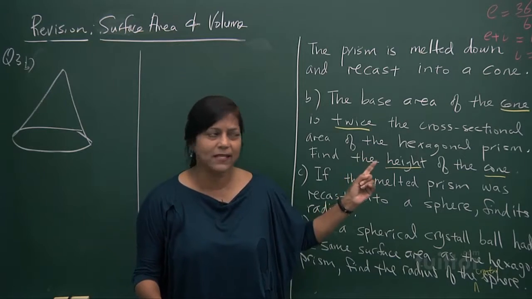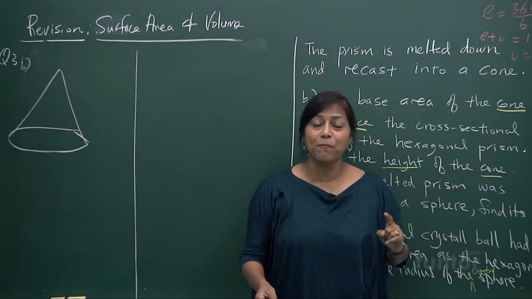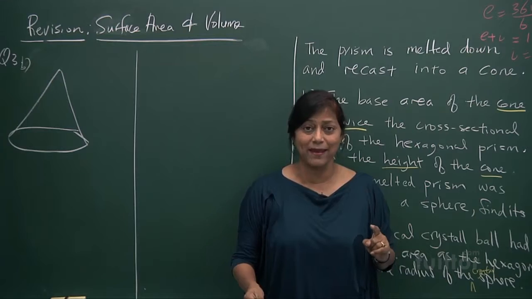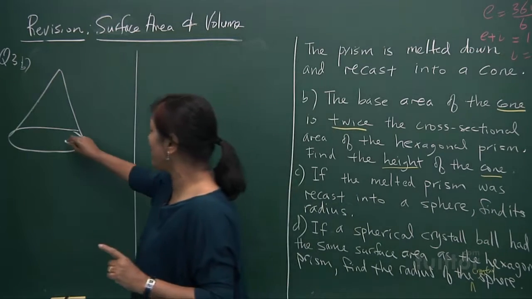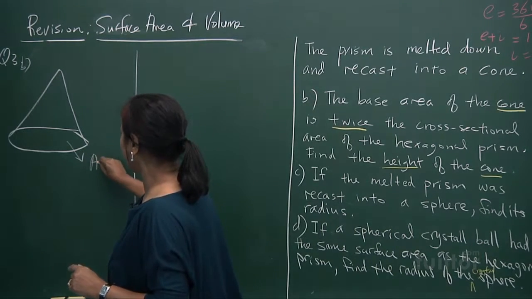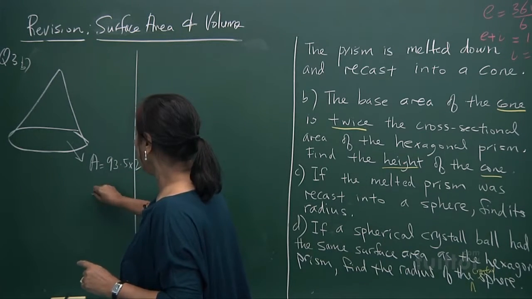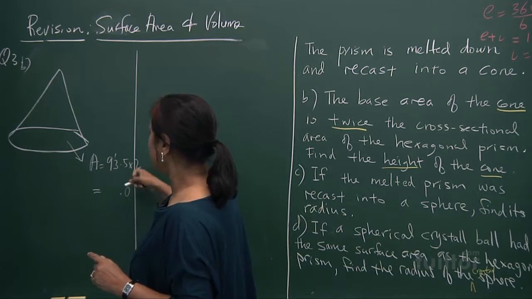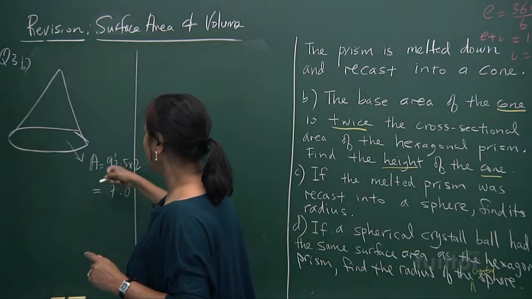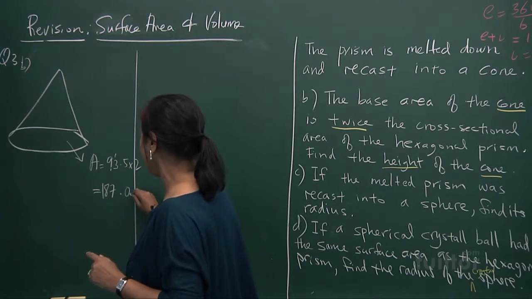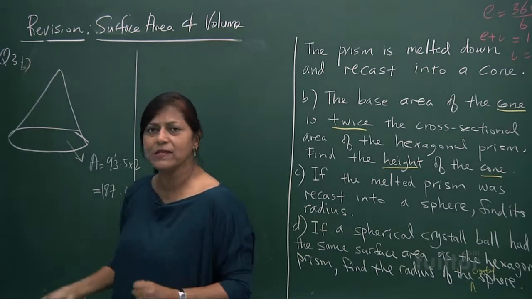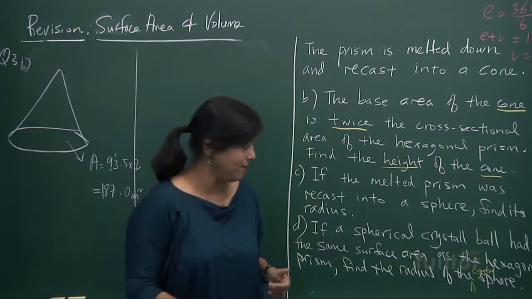And what was the area of the hexagonal prism? 93.5 cm squared. So what does this area now become? It is 93.5 times 2. You get 187. That's the area of this cross-sectional area.